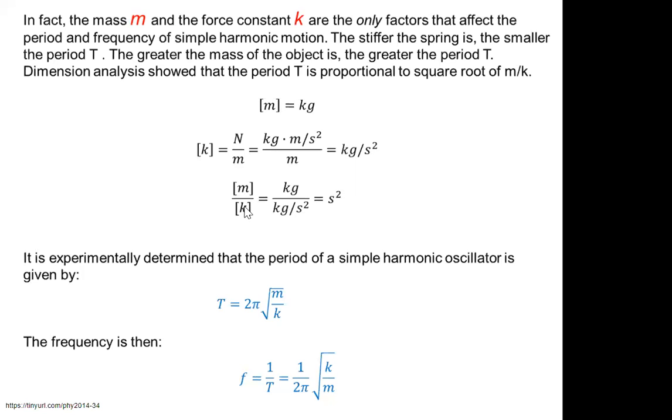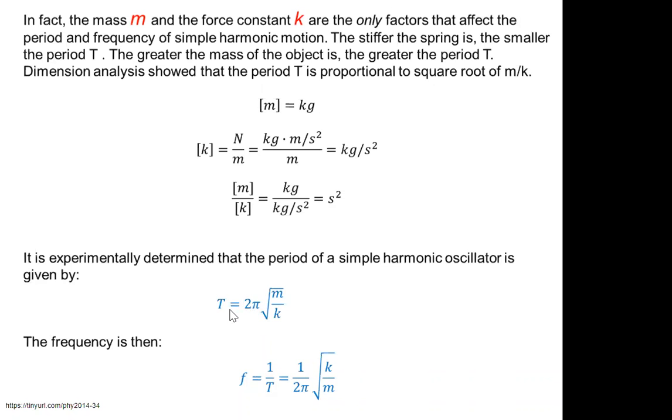So you divide mass by K, that gives you the units of second squared, and then you further take the square root of mass divided by K. That will give you the dimension you want in seconds, okay? Which is equal to T, and then T in this case will be proportional to the square root of m over k, and the constant before this square root actually turns out to be 2 pi, okay? And this is determined experimentally, all right?